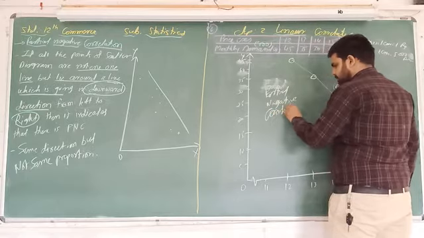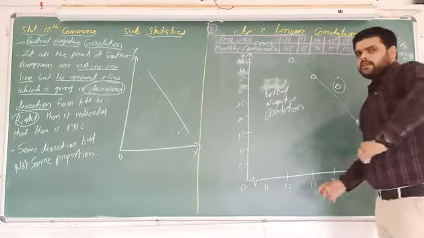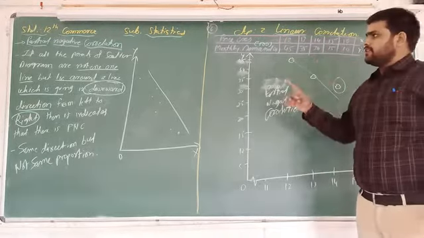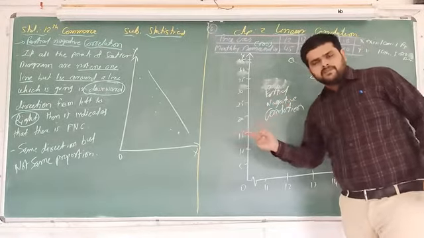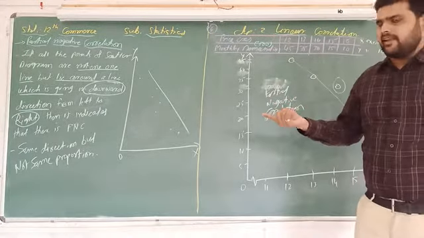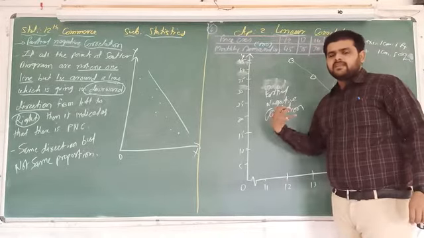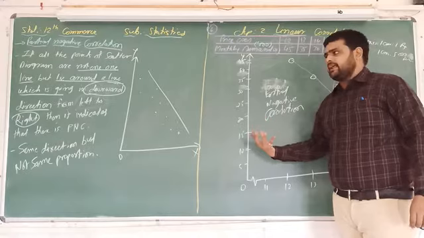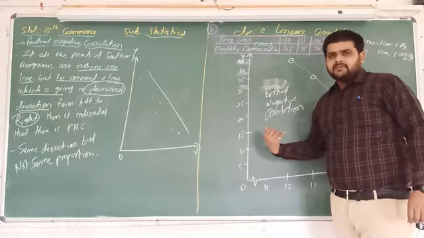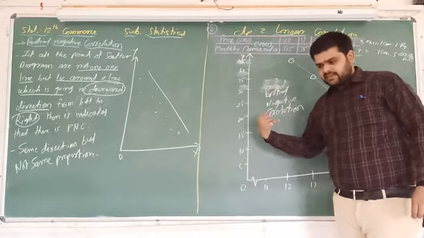So there are four types: perfect positive correlation, perfect negative correlation, partial positive correlation, and partial negative correlation. And we have learned the four types of diagram as well as illustrations. Okay, thank you.